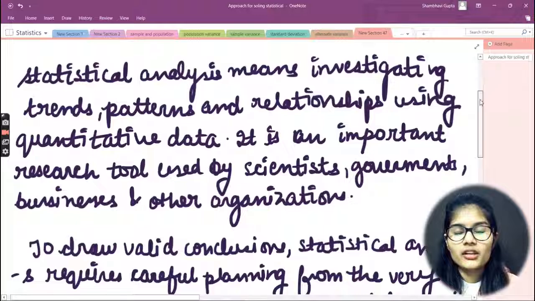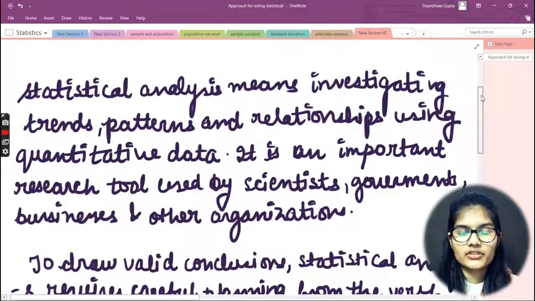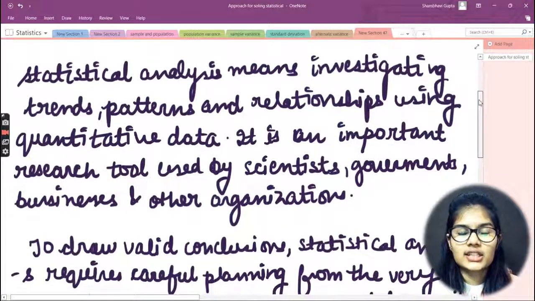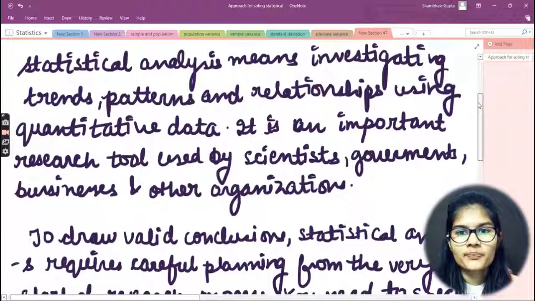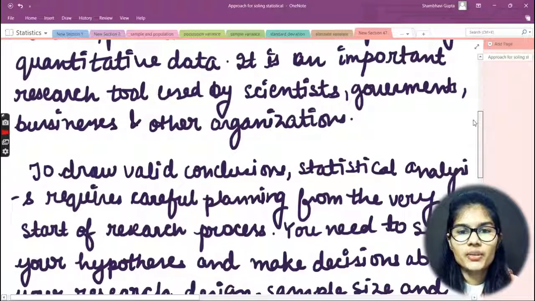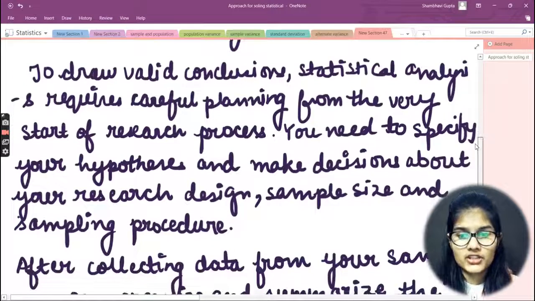Now, let me give you a quick review of whatever we just discussed. Statistical analysis means investigating the trends, patterns and relationships among the quantitative data. That's an important research tool which is used by scientists, governments, businesses and many other organizations.